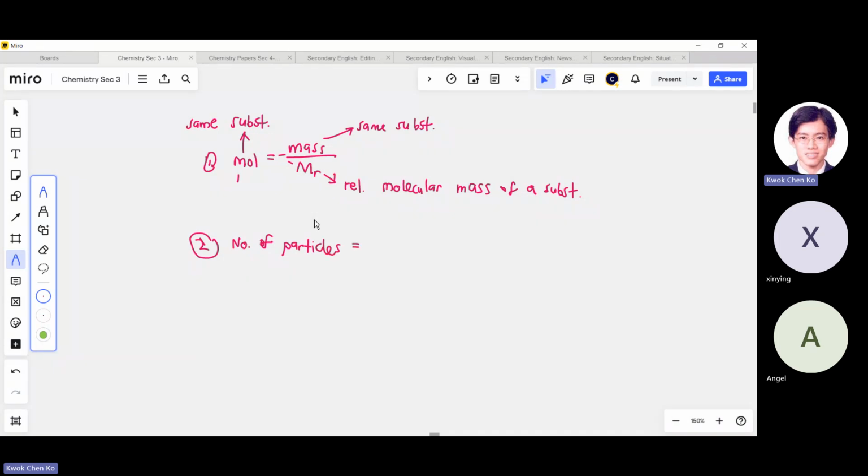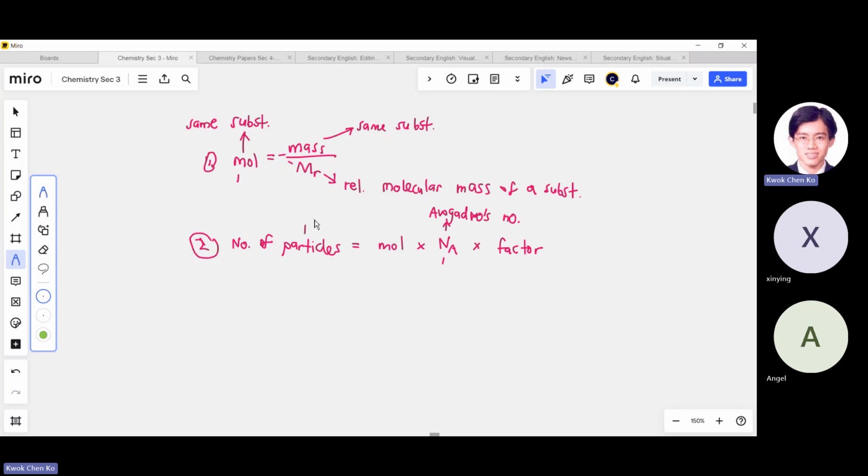Number of particles is based on number of moles times Avogadro's number, multiplied by a factor. So this is your Avogadro's number. For info, this number is given in your periodic table, so you can refer to that and no need to remember.